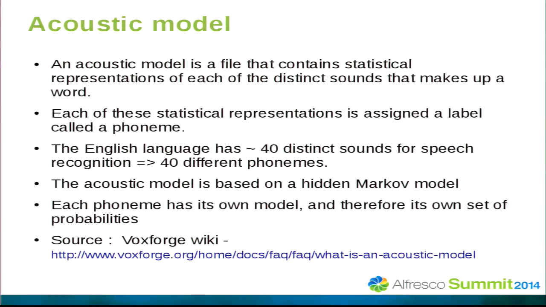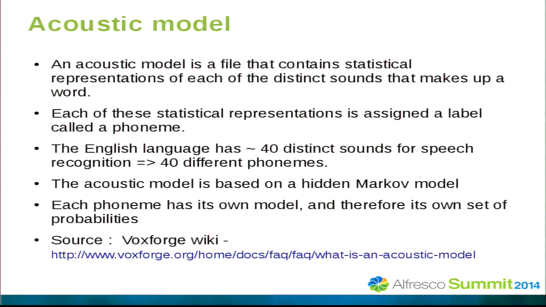So you break down all the specific sounds for a language, and in the English language there's about 40, and you run through all the possible sentences in the English language and make up statistics about how that specific sound is likely to follow another sound.